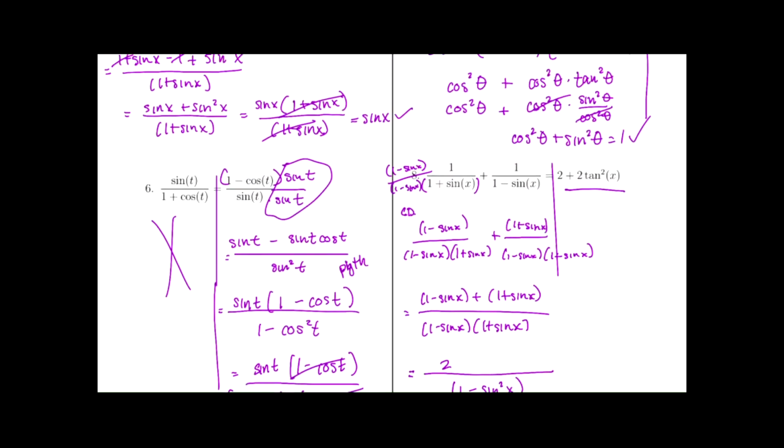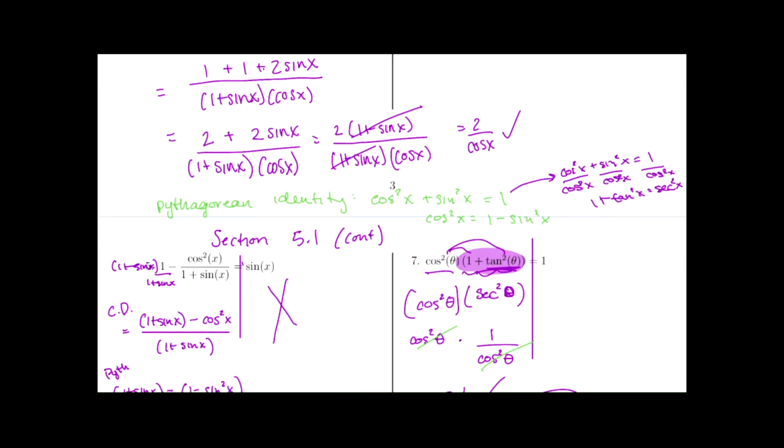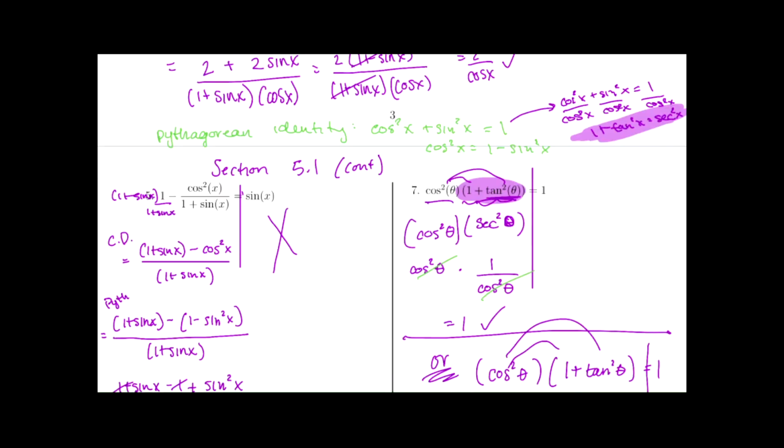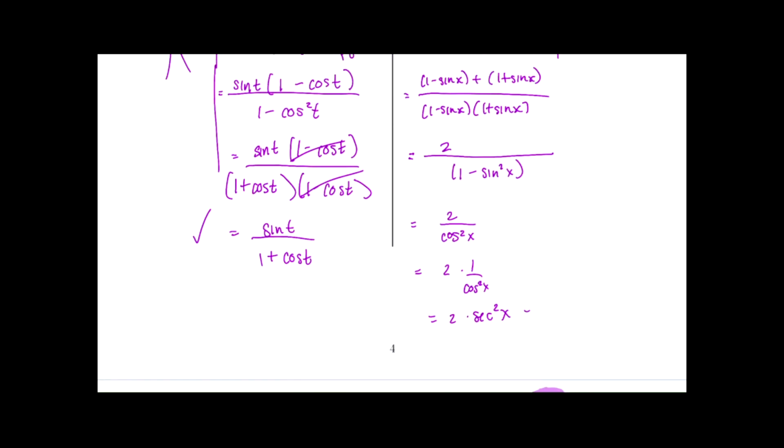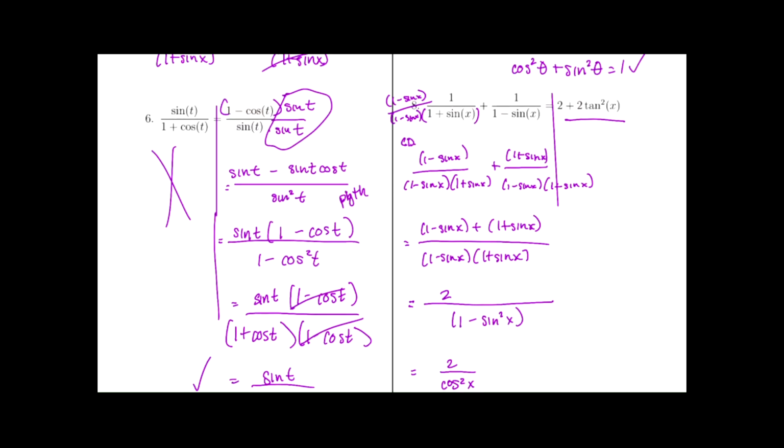Going back to this guy right here, 1 plus tangent squared is equal to secant squared. That's the Pythagorean identity. So I can write this as 2 times 1 plus tangent squared. That secant squared x is equal to 1 plus tangent squared x. And then distribute that 2. And I think that I'm where we were supposed to be. Yes.